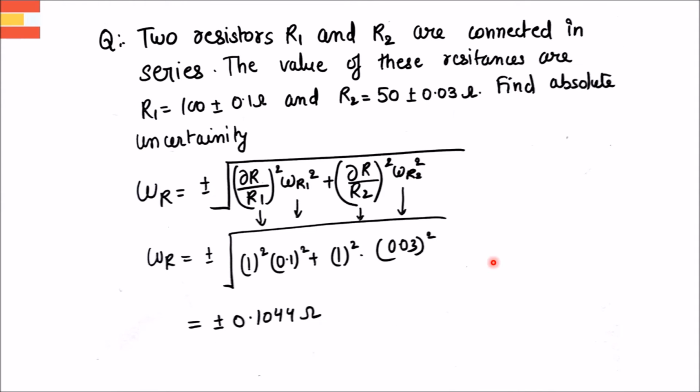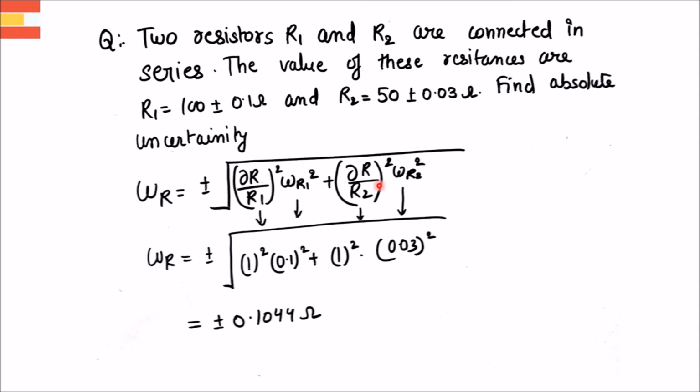So let's solve an example on this. Two resistors R1 and R2 are connected in series. The values of these resistances are R1 equals 100 plus or minus 0.1 ohm and R2 equals 50 plus or minus 0.03 ohm. Find the absolute uncertainty. The resultant value, that is capital R, equals R1 plus R2 because they are connected in series. If we partially differentiate capital R, that is R1 plus R2, with respect to R1, we get 1.